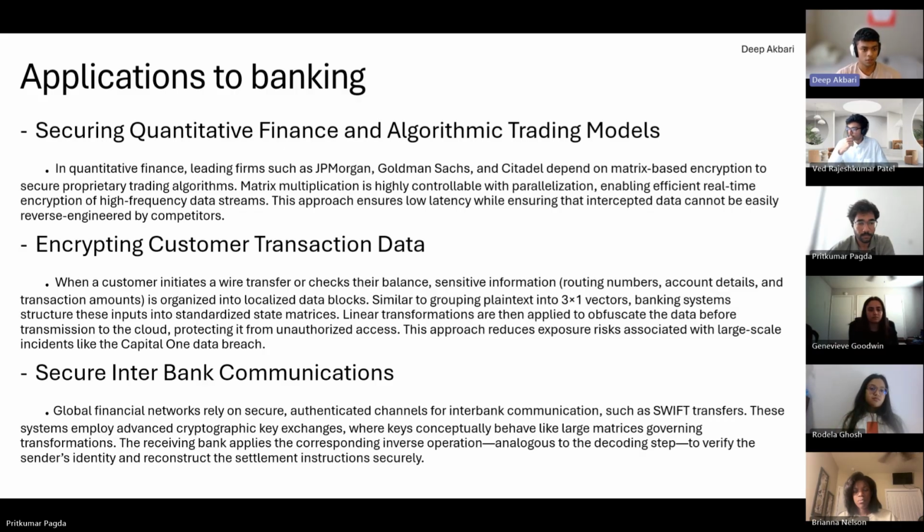In order to keep this safe, the networks employ advanced cryptographic key exchanges where the keys are shared between the sending and the receiving bank, such that when any sort of transaction is initiated, the receiving bank has the exact corresponding inverse operation, as the person was talking about in the video, where it can verify the sender's identity and reconstruct the whole instructions immediately.